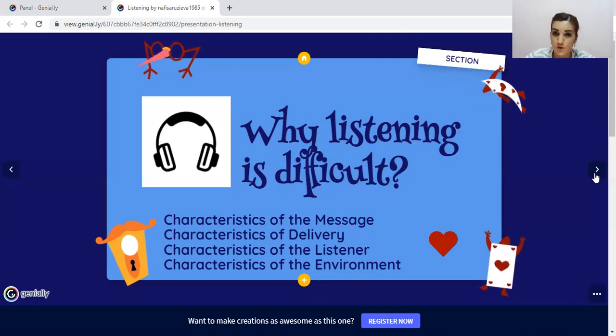The next is characteristics of the listener. In this case, we should know our students' psychological position. Some students or pupils are really eager to learn a foreign language and they have a really good memory.